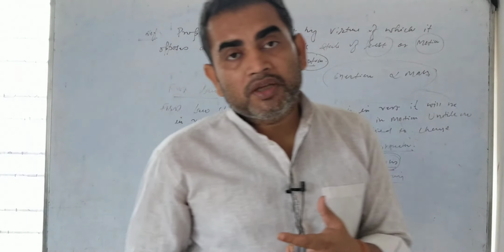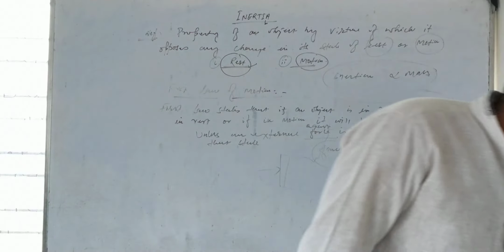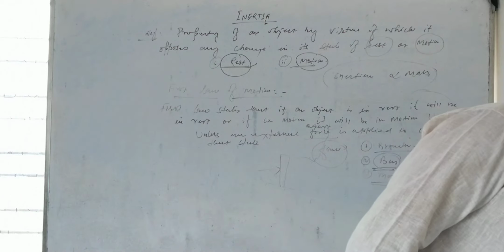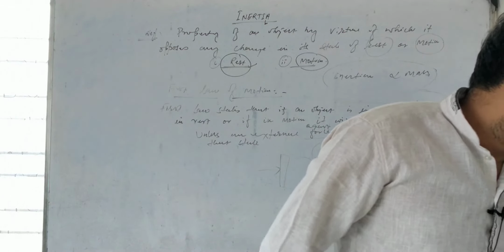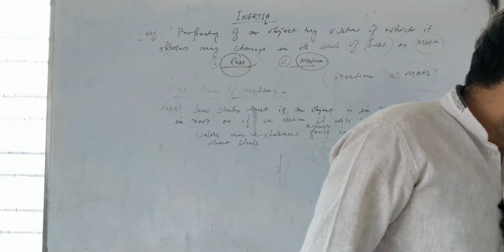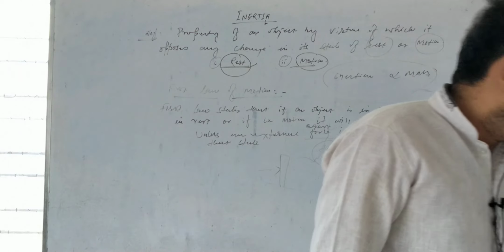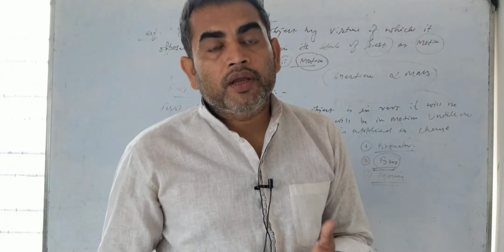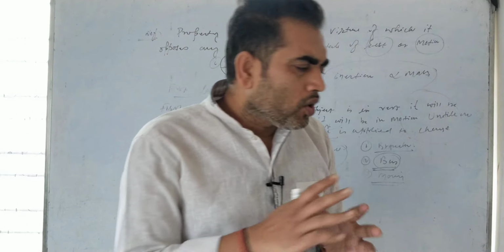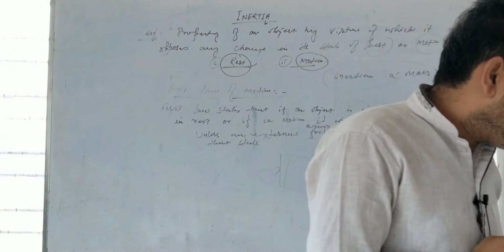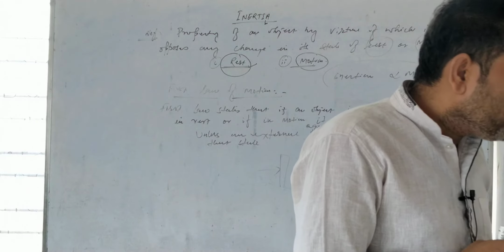That is the same thing. Again, when a corridor train suddenly starts, the sliding doors of some compartments may open due to the inertia of rest and motion. So all these can be explained on the basis of inertia of rest and motion.